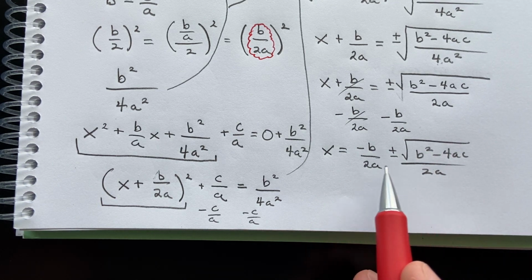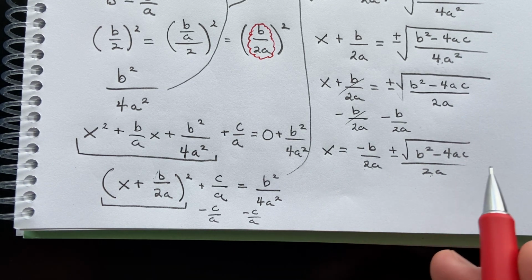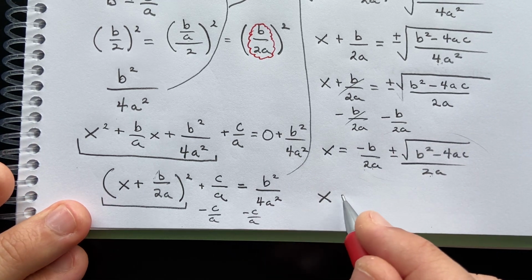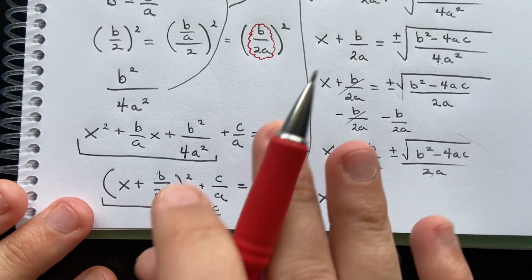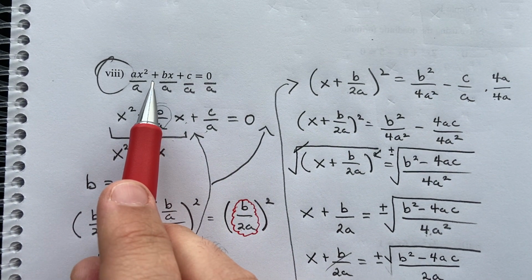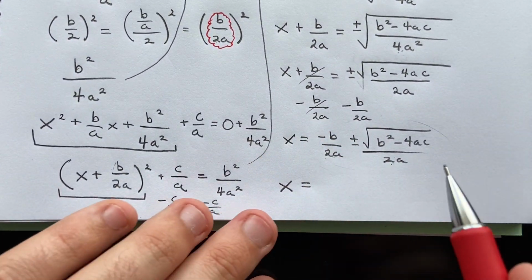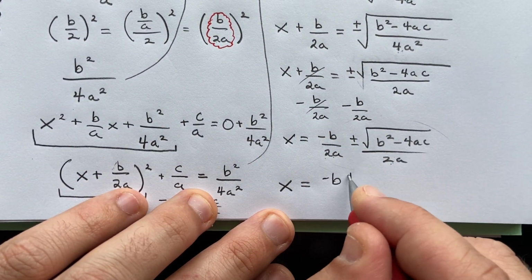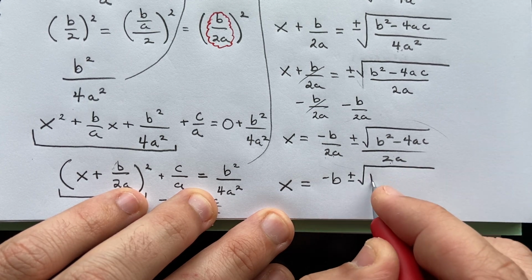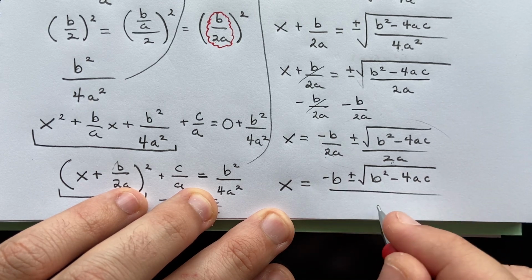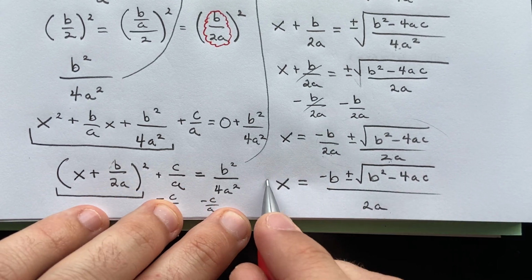And since these have the same denominator, I can actually bring these together as one fraction. So in other words, x, the solutions literally to this original problem, would be x equals opposite of b plus and minus the square root of b squared minus 4ac all over 2a.